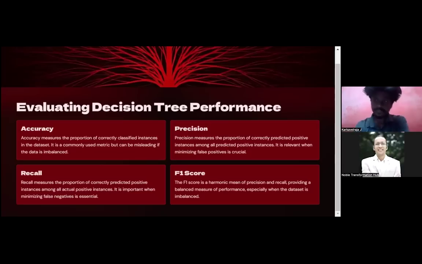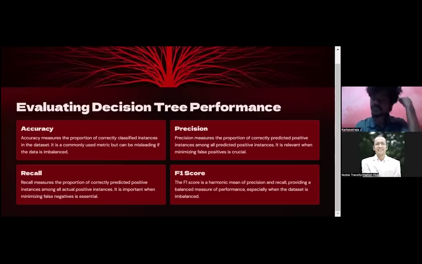Recall is a measure of the portion of correctly predicted positive instances among all actual positive instances. Whatever precision has predicted positive, recall looks at it among all actual positives, which are actually positive.